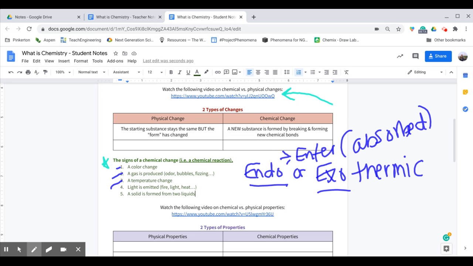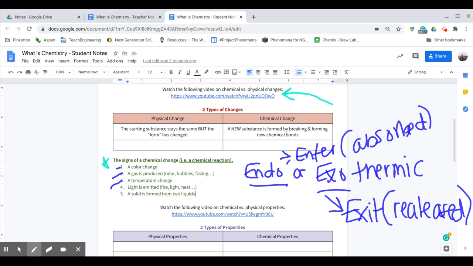Okay? If it's exothermic, it exits. So it's released. Okay? I don't know how to spell this. I'm just going to guess. Okay. So if you feel your reaction get really, really hot or get really, really cold, that's a sign you have a reaction taking place.